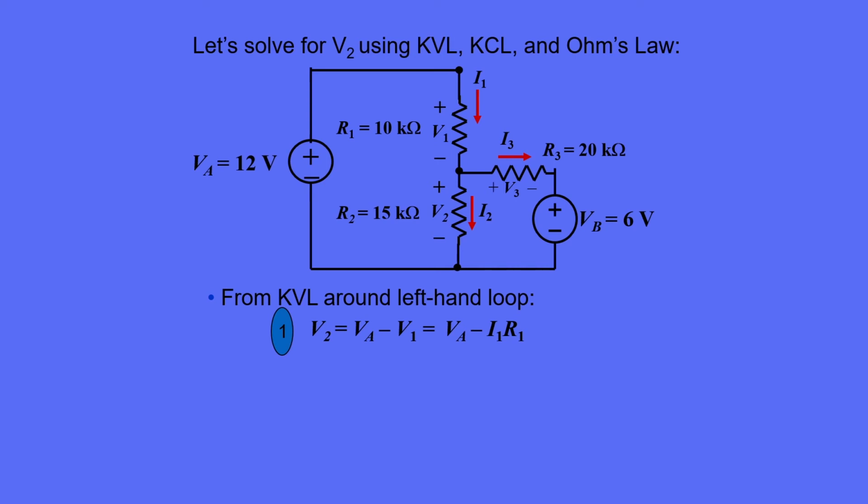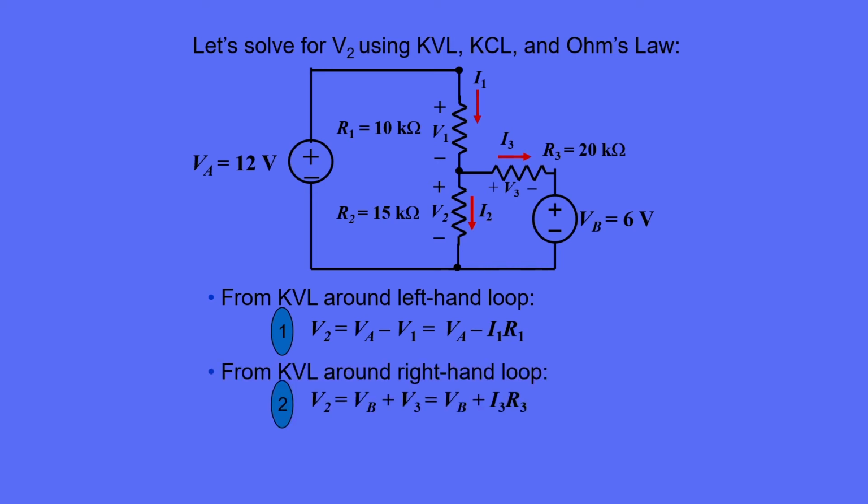And in another step in the same equation, we just apply Ohm's law for V1, expressing it as I1 R1. From KVL around the right-hand loop, we get equation 2. V2 is equal to VB plus V3. And we again express V3 in terms of its I3 R3 product.